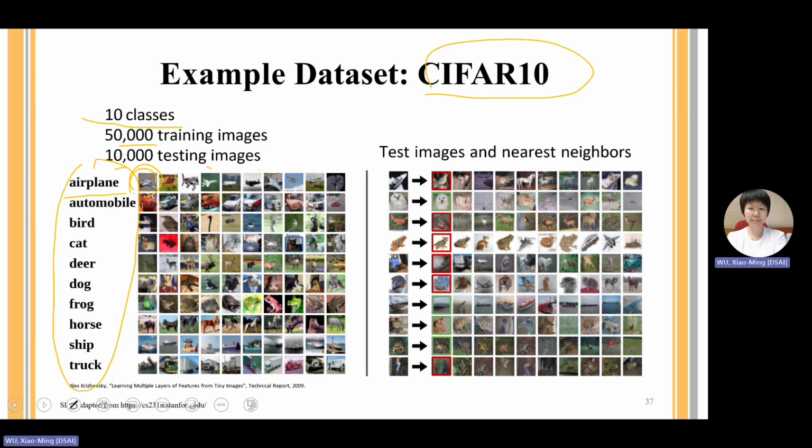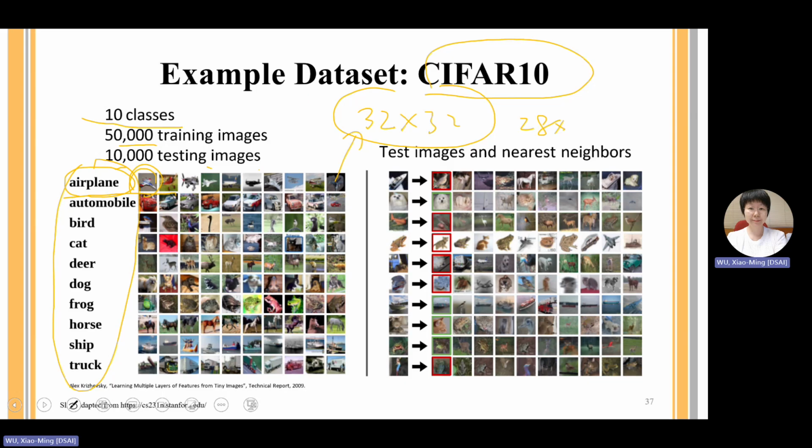For the airplane class, you can see the images are quite small. If I remember correctly, their dimension is 32 by 32. Yes, it should be 32 by 32. Very small images.